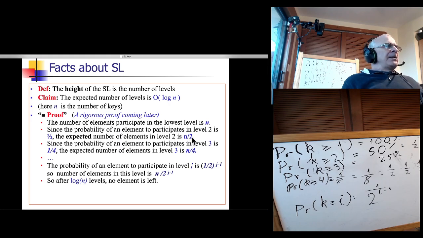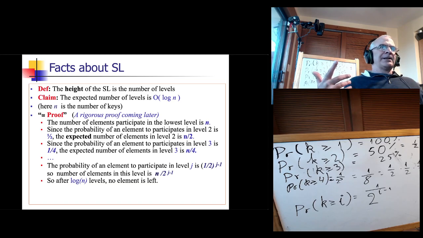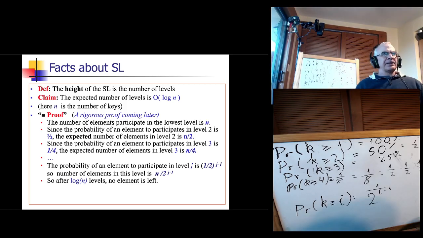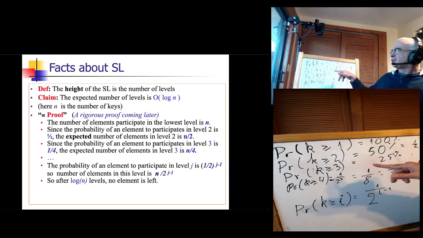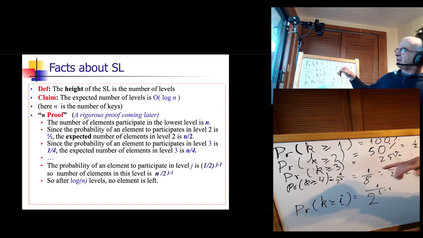Now, when I'm asking about level 3 and how many elements I find here, I can address it in a complicated and unpleasant way, or in a pleasant way. The unpleasant way would think about the conditional probability of making it to level 3, which depends on whether you made it to level 2, and ask questions that have to do with the sizes of elements that made it to level 2.